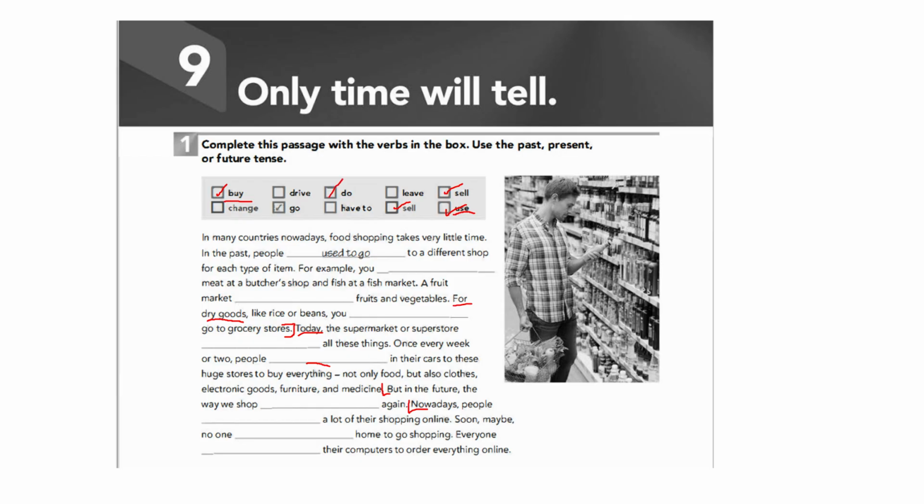Yes, people do a lot of their shopping online. You see, we have to pay attention to the cues in the past, today, in the future, again nowadays, soon, again a change. Maybe no one blank space home to go shopping.